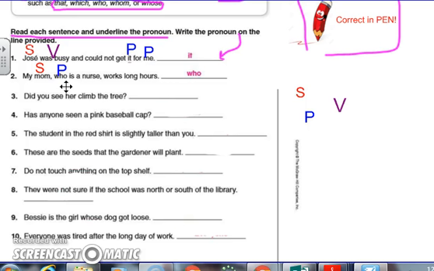Number 8, they were not sure if the school was north or south of the library. Trying to put my papers away there. 9, Bessie is the girl whose dog got loose.